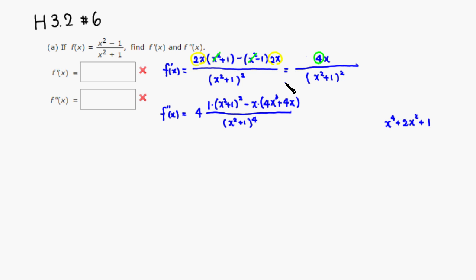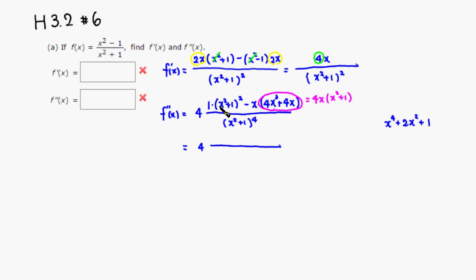Then we need to do a little bit of cleaning up. You can see there's still a 4 there. Here, if you pull out 4x, then you're going to have x squared plus 1, so we have a common factor.